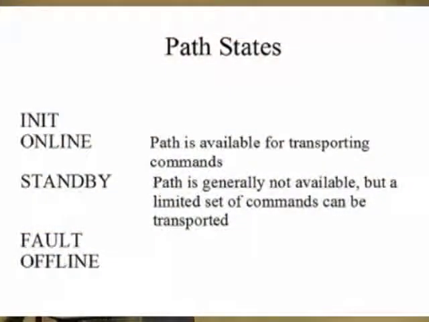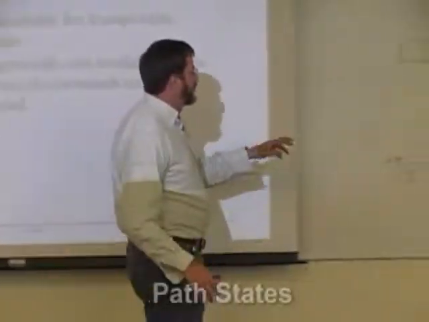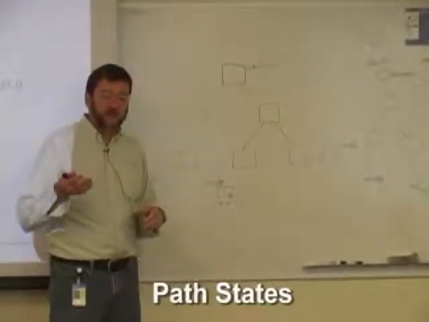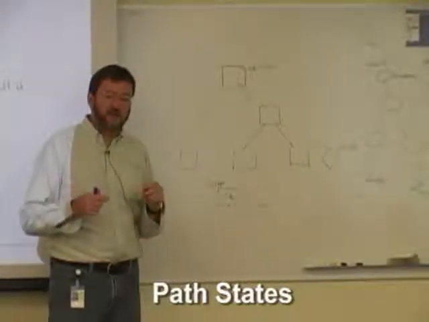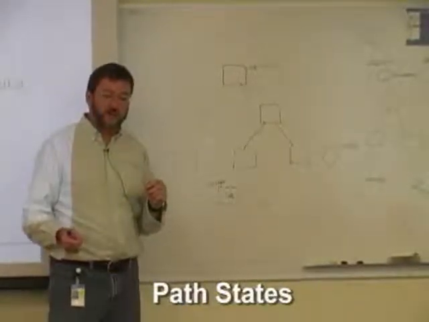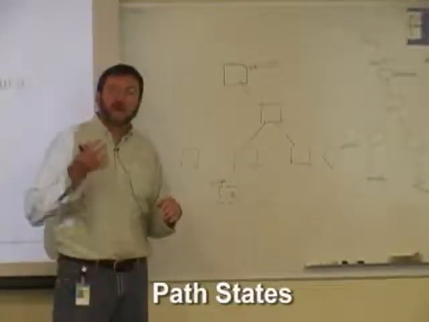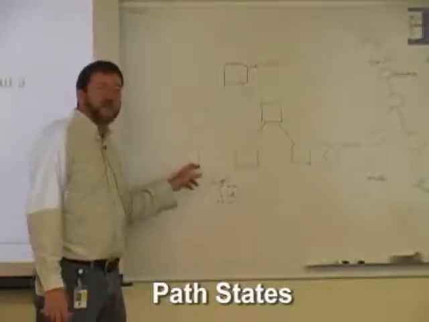So we have a fairly basic state model for paths. The thing to keep in mind here: we talked a little bit about the state model for dev info nodes, that was the DS proto to bound to linked to bound to initialized to probed to attached to ready. Most of the state model for device access is actually associated with the dev info node.